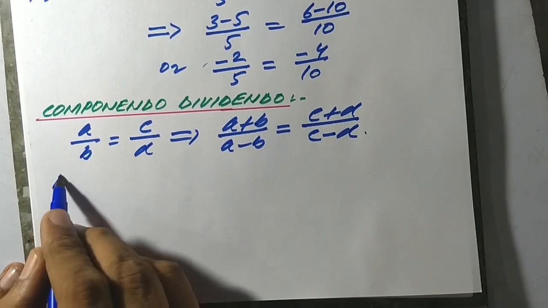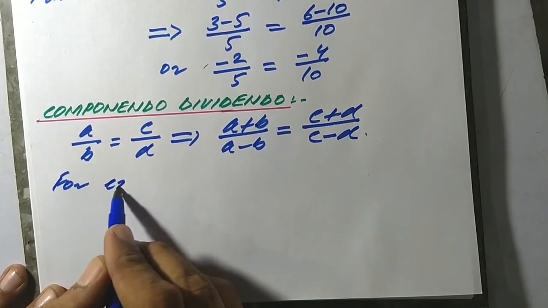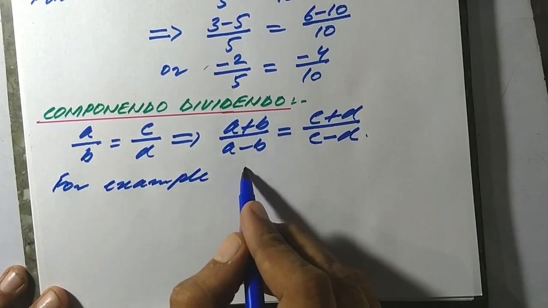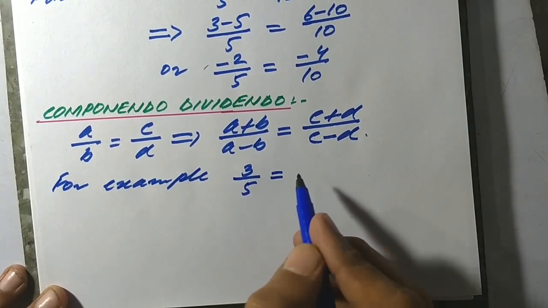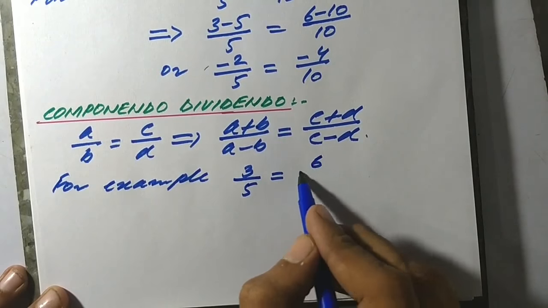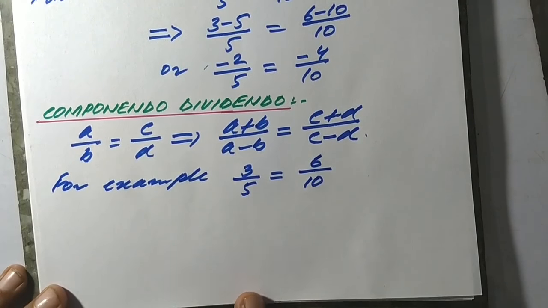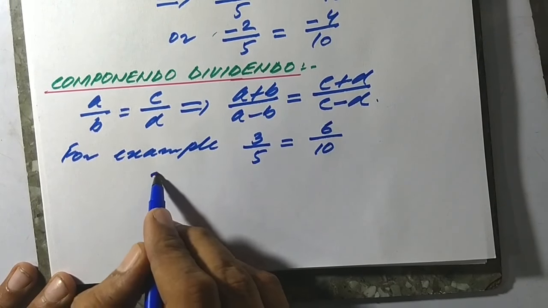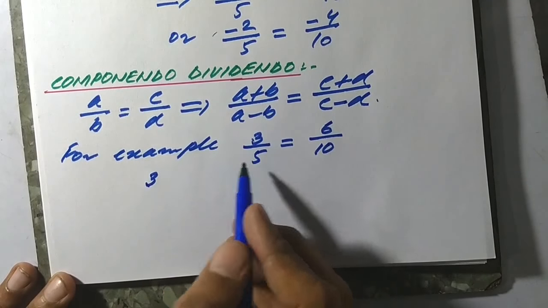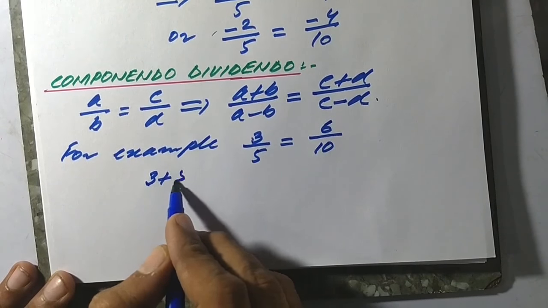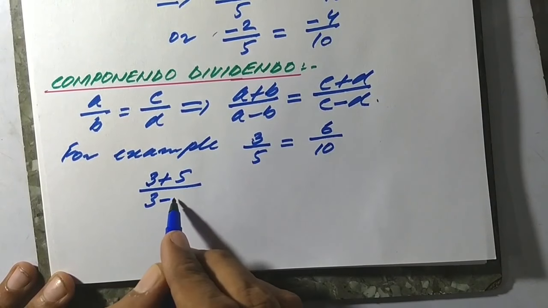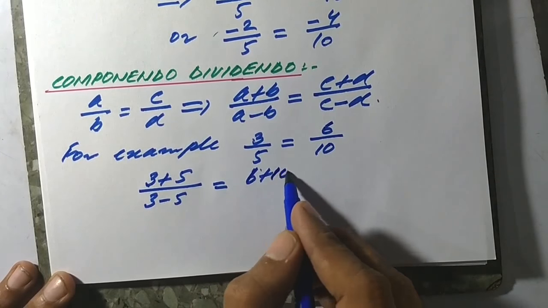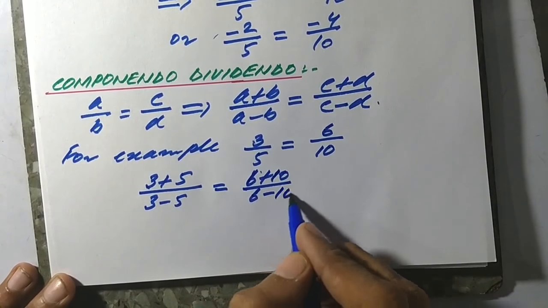Now, for example, 3 upon 5 is equal to 6 upon 10. Applying componendo dividendo, we may write it as 3 plus 5 upon 3 minus 5 is equal to 6 plus 10 upon 6 minus 10.